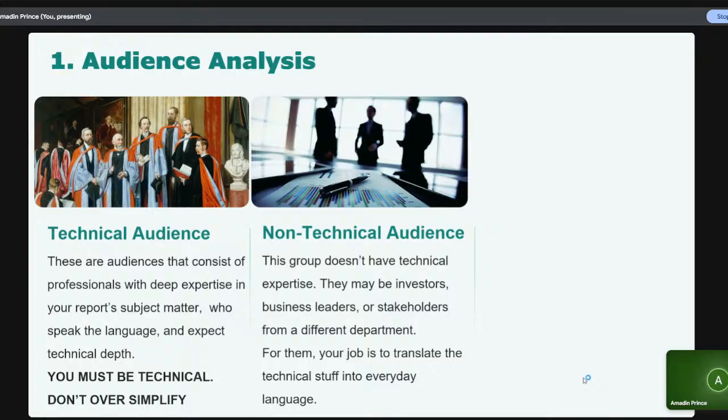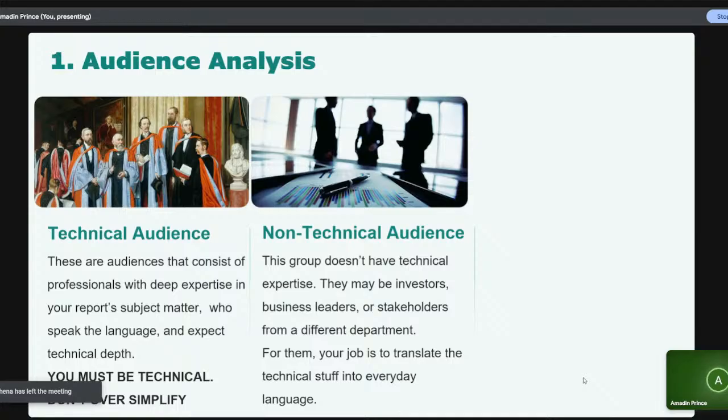Let's say, as an electrical engineering student, I'm writing a report for an entrepreneur who does accounting, for instance. The person does not know anything about electrical engineering, and doesn't even care to know. So when I'm writing this kind of report proposing something for him, I have to break it down in the simplest possible form.